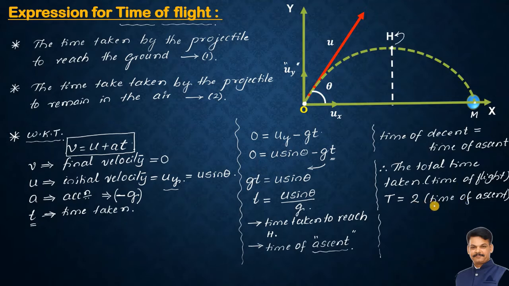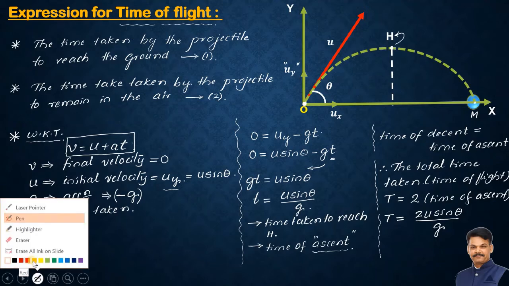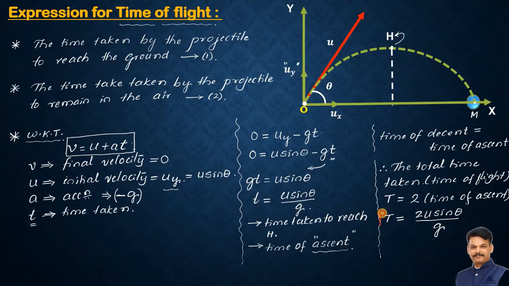Hence, instead of taking ascent plus descent, I can take 2 times ascent. Hence, T is equal to 2u sin theta divided by g. Dear students, this is the final equation for the time of flight.